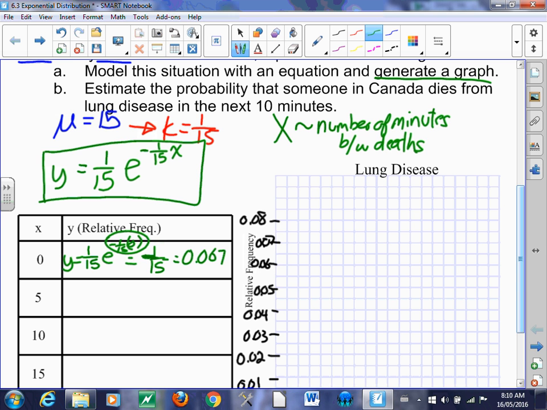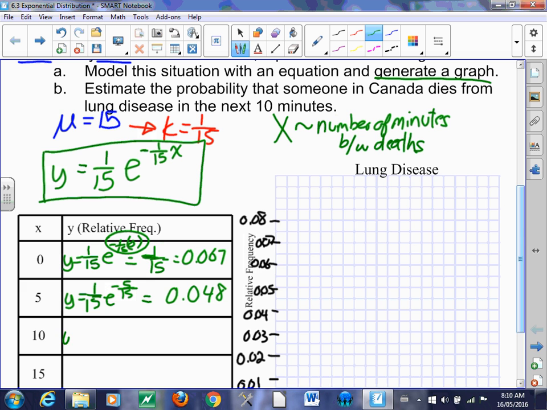0.067. Okay, now we're going to sub it in with 5, so it's going to be 1/15, and we're going to go e to the negative 5 over 15. You can simplify that fraction if you'd like to negative 1 over 3. Plug it in your calculator and you're going to get 0.048. Okay.